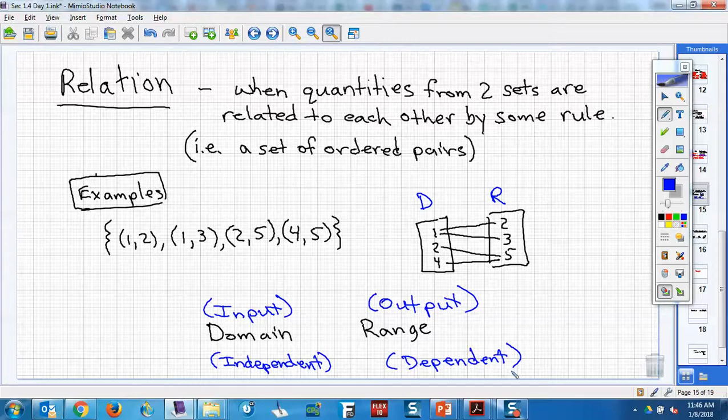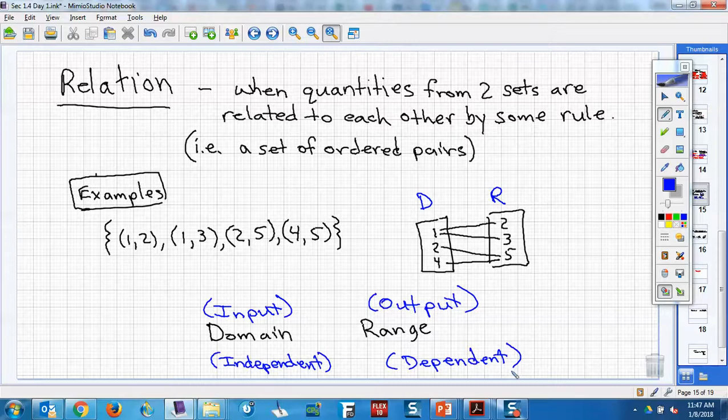But this is okay. It's okay for 2 to match with 5 and 4 to match with 5. That's fine. Any input can only have one output. So 1 can't match with 2 and match with 3. Okay? Can't do it. But you can get the same output, right? 1 can match with 5, 2 can match with 5, 3 can match with 5, 4 can match with 5.